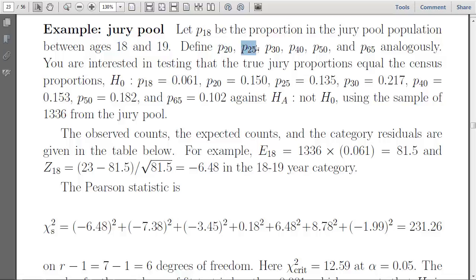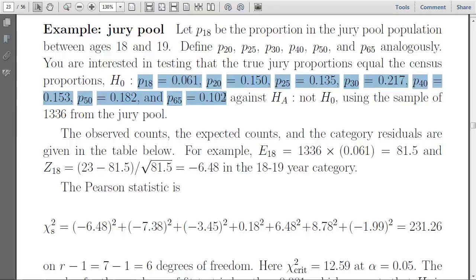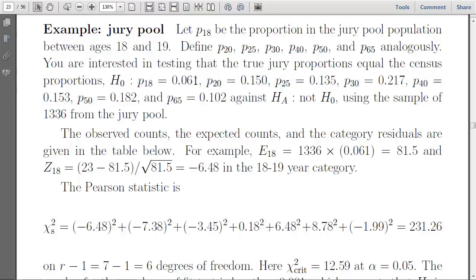P25 will be for the 25-year-olds, and so on. So we've got our null hypothesis that includes all of these 7 proportions. And these are all the census proportions from the rightmost column in the table above. The alternative is that the null hypothesis is false by contradicting one of these 7 equalities.